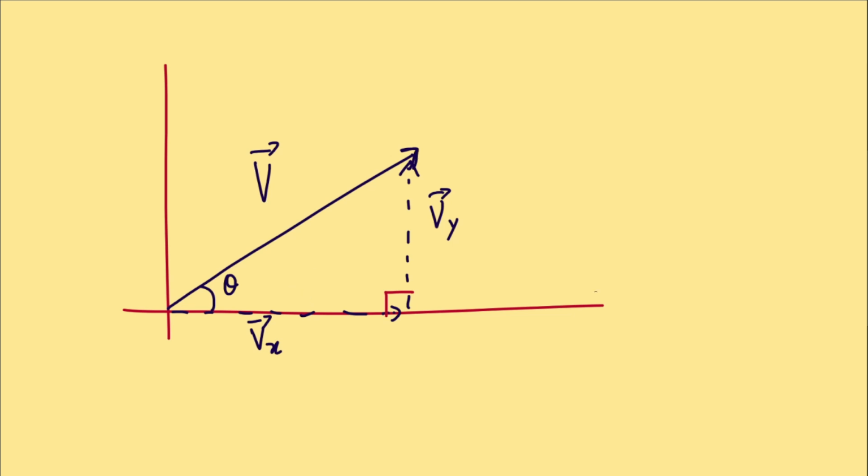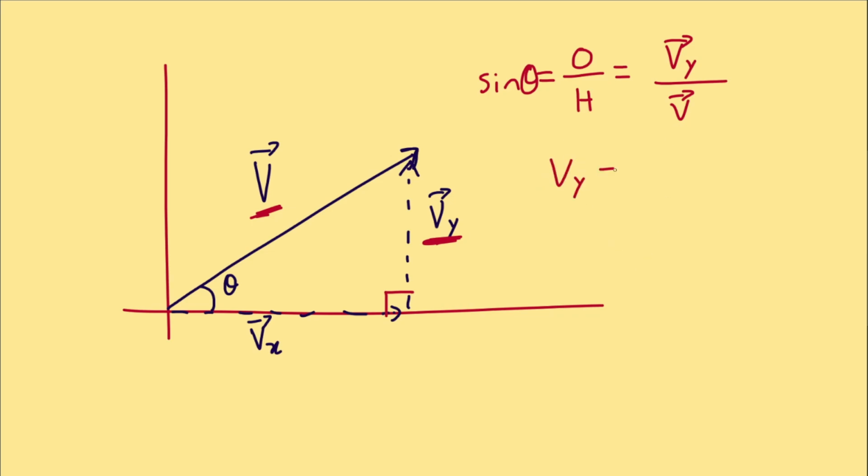Now let's do some quick equation deriving. To find the y component, we can use sine, because remember, sine is opposite, so opposite this angle, divided by the hypotenuse. So opposite over hypotenuse is vy over v. Oh, sorry, I forgot to write the angle. Now, if you multiply both sides by v, then you get vy is equal to v sine theta.